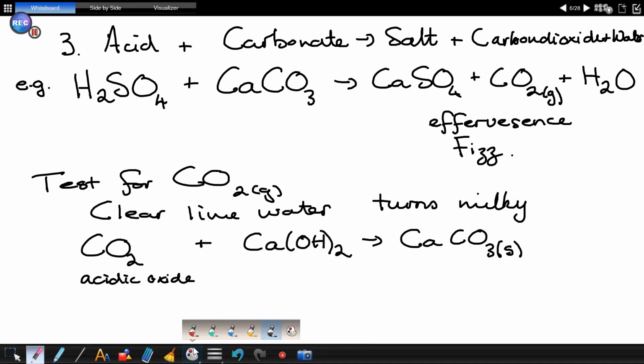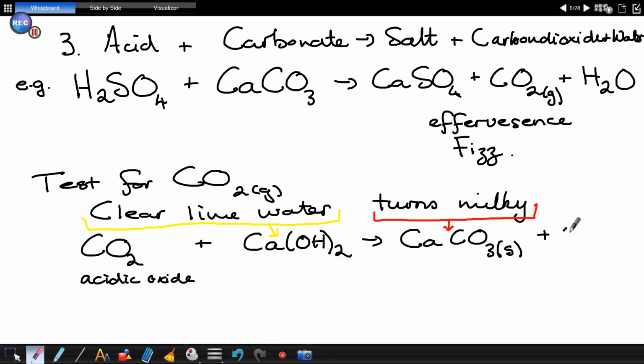This milkiness is because of the insoluble calcium carbonate powder that forms in the chemical reaction. So clear lime water is the calcium hydroxide solution, and the milkiness is because of the solid calcium carbonate that forms. What is another product formed during this reaction? It is water. Can we balance the equations?